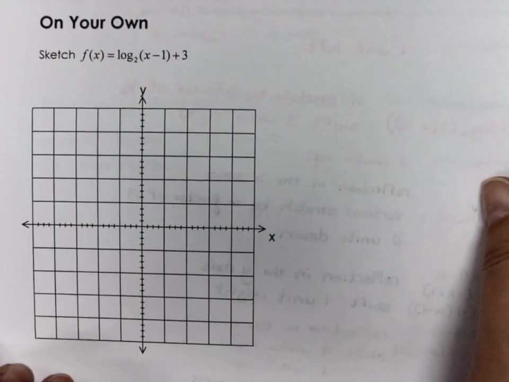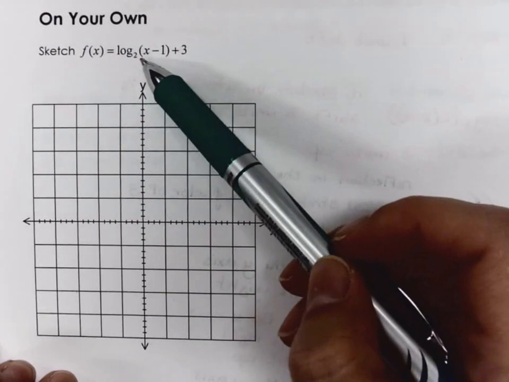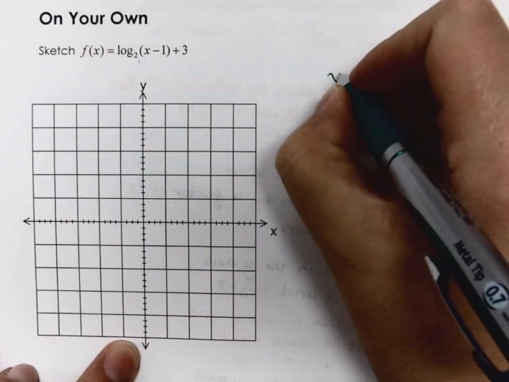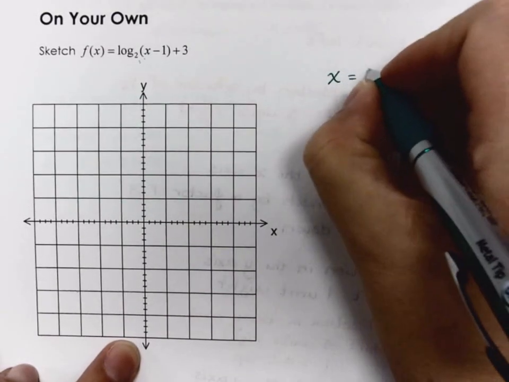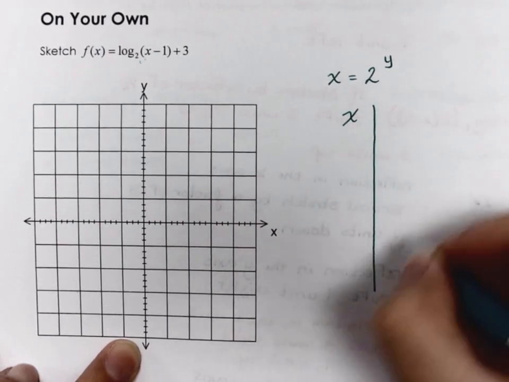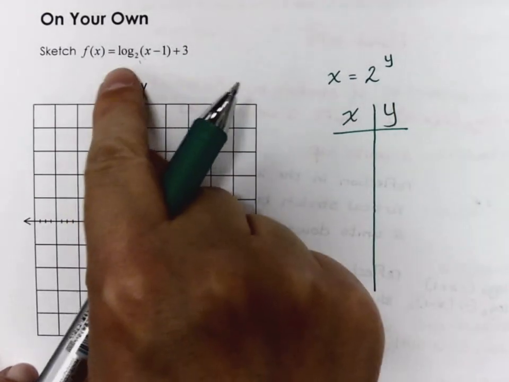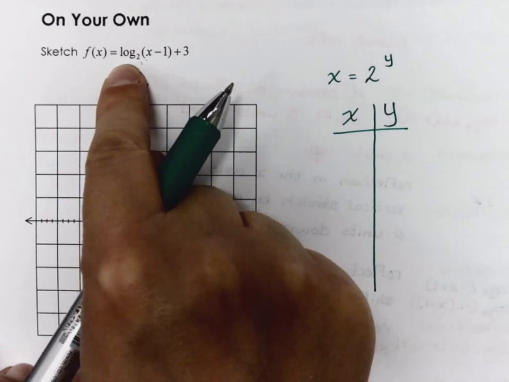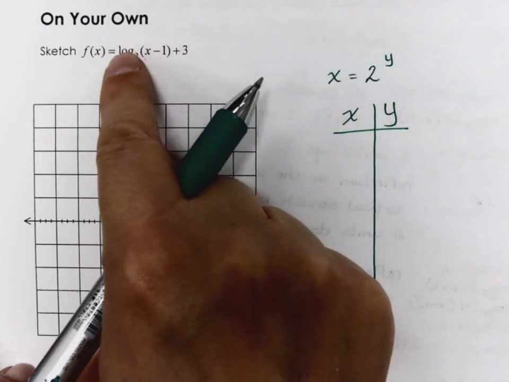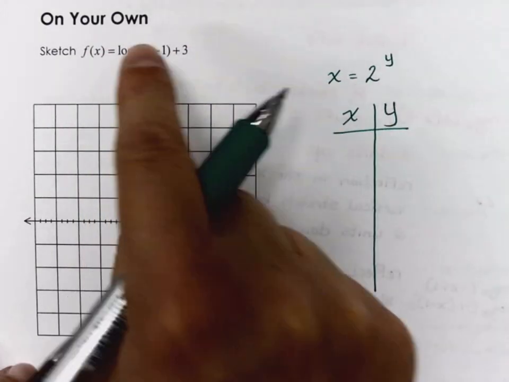Okay, next graph. It has a base 2 on the log. So when I go to do my table of values, I have x equals base 2 to the exponent y. So this is the basic logarithm graph here. These two things are the same thing. The inverse and the log graph are the same thing.